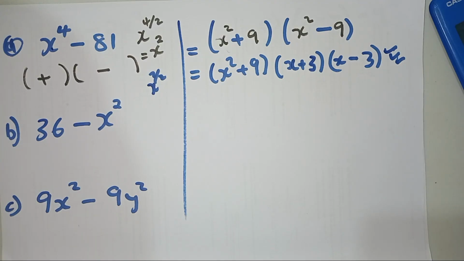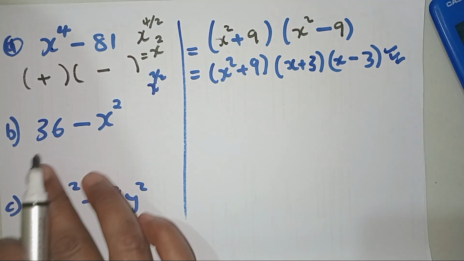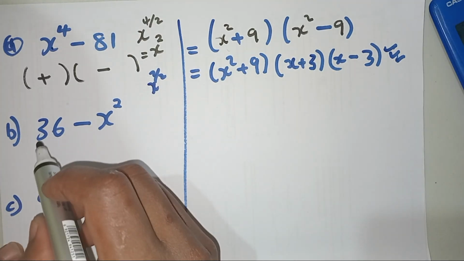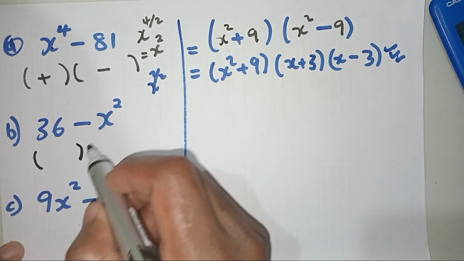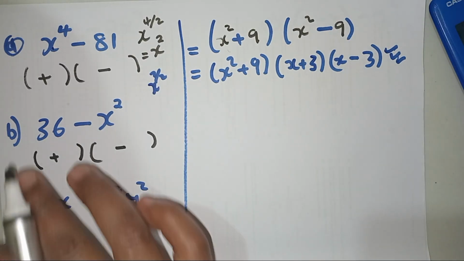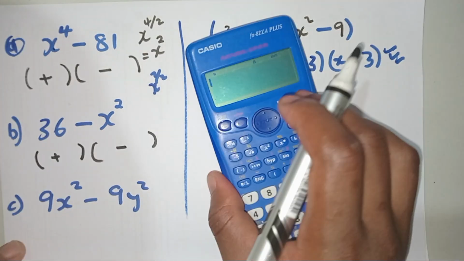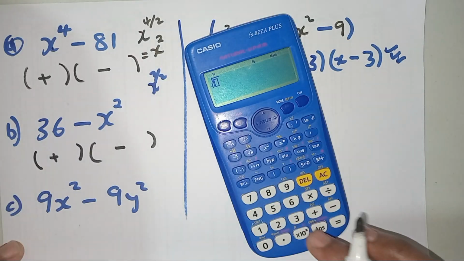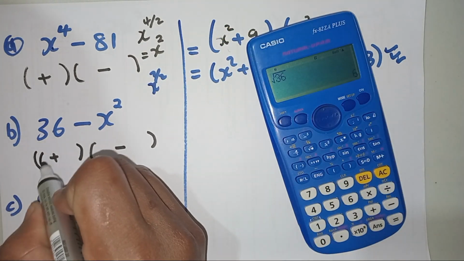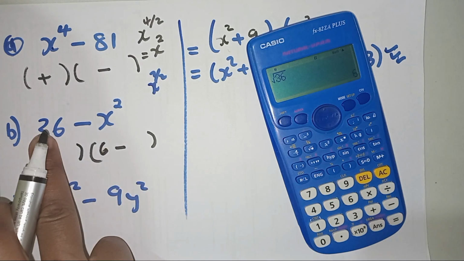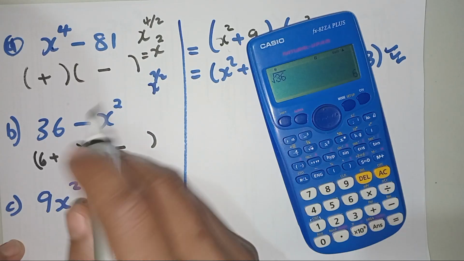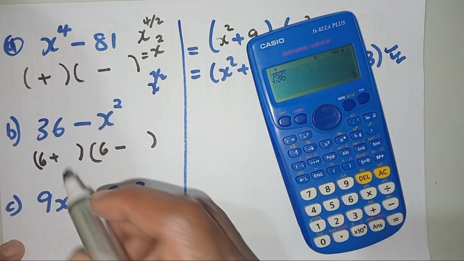So let's go for the second one, letter B. For letter B, it says 36 minus this one. These are perfect squares. We open the brackets, we write plus and minus, and then what is the square root of 36? It's going to be 6, and we write 6 here, 6 here, because it's the positive one. We start with the positive one, and then since it's minus, what is the square root of x squared?